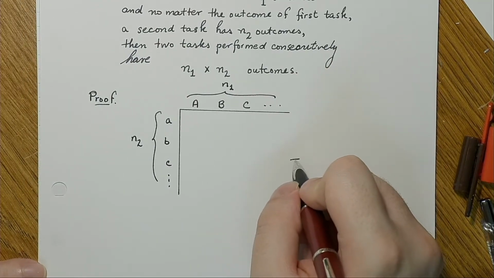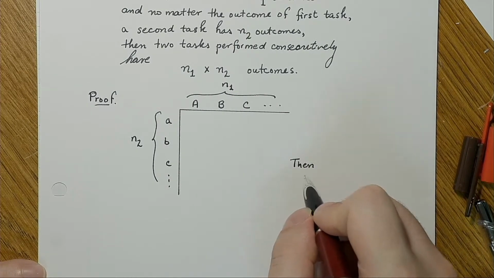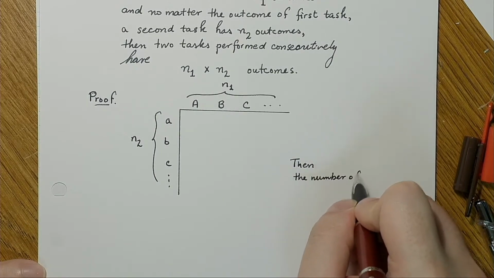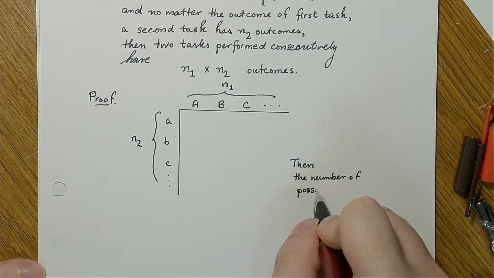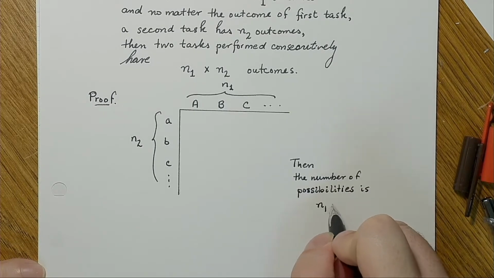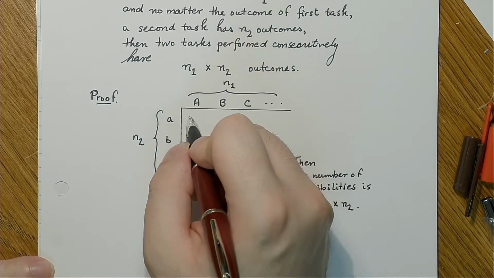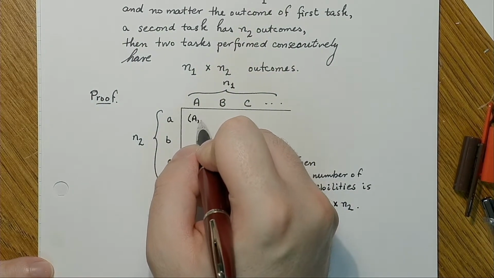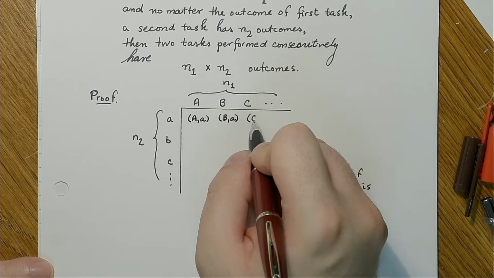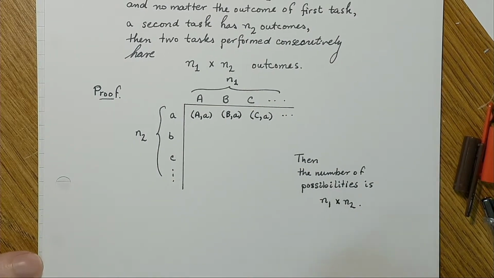Then the number of possibilities is just multiplying them. Okay, and that's it. So you can think of it as, you know, here's the first one, A, here's B, A. So that's just a way of enumerating all the ways. That's it.